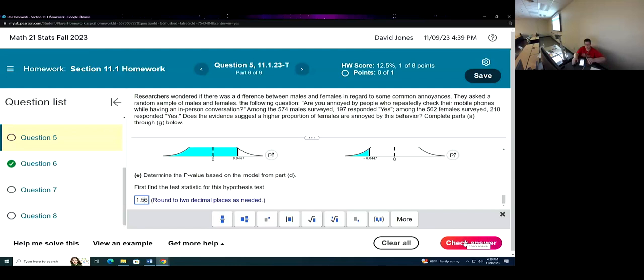That's the Z one. It says, now if you read it, determine the p-value based on the model. And then the next sentence says first find the test statistic. Whoever wrote this test, you all are fools. I need to write the new Z stat down.